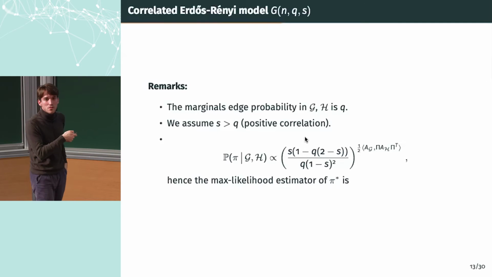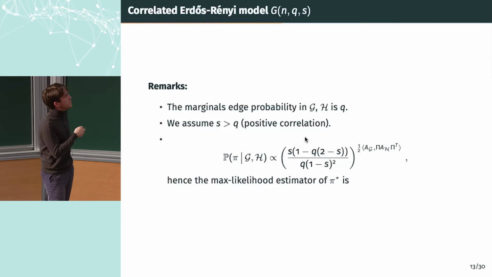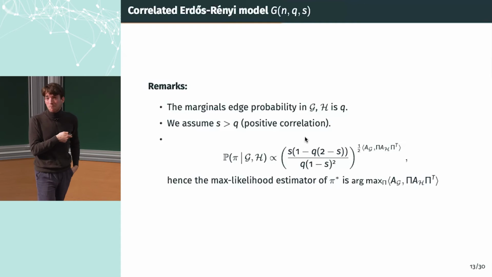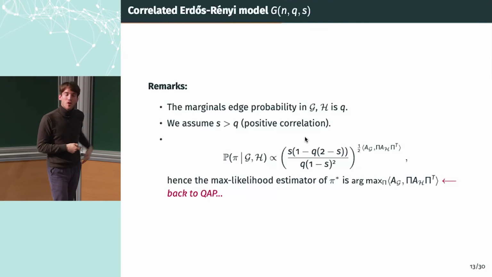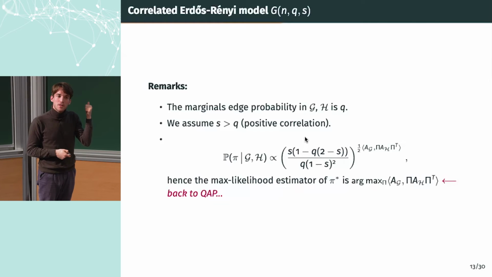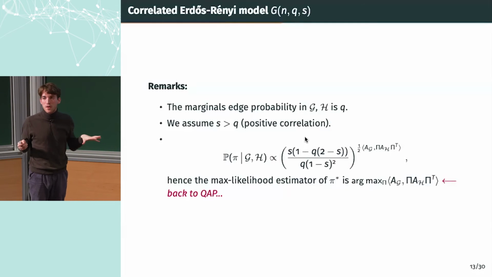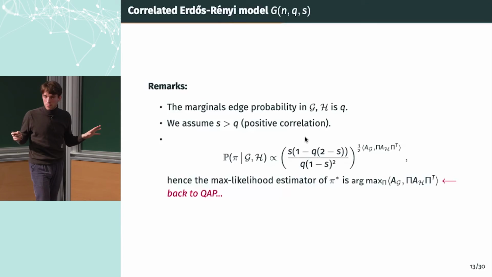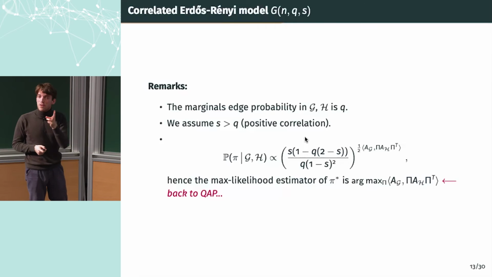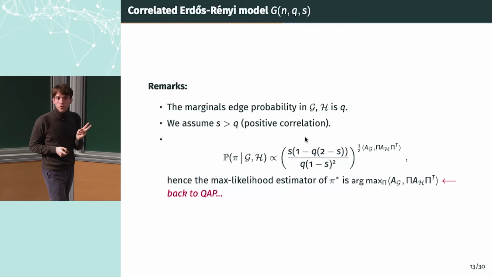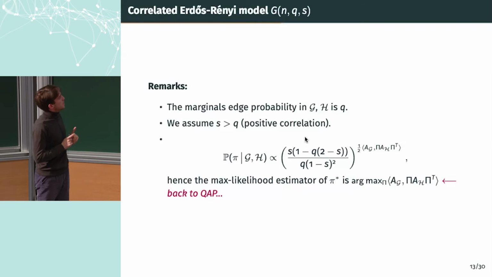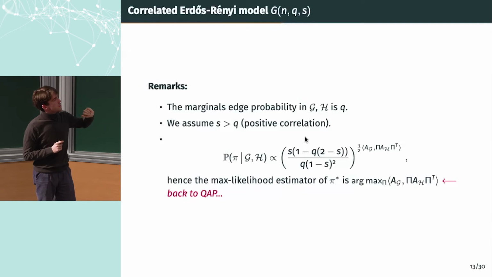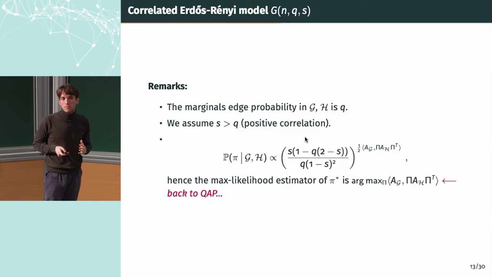And maybe this is reminiscent of something. No? Okay. This is exactly the quadratic assignment problem that we had in the first place, when I described the optimization problem in the worst case. Okay. So there's a quite strong link actually between those two points of view. Okay. So the optimization problem is actually the max likelihood estimator in my model.